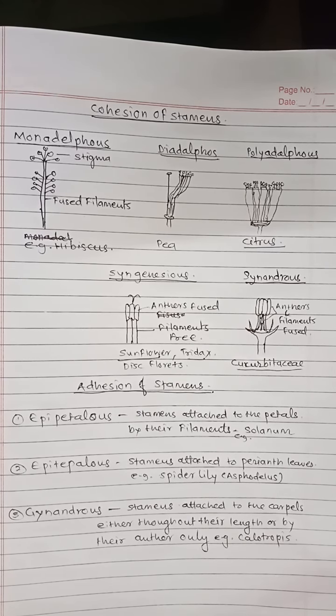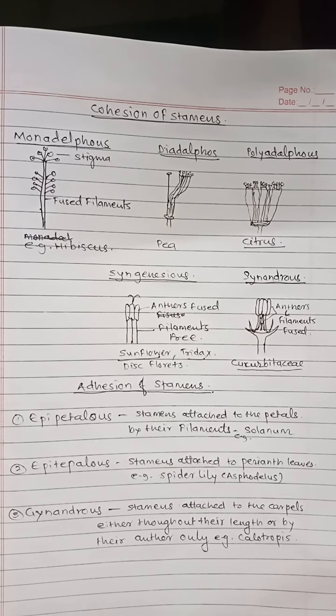Means in syngenesious condition, only the anthers fuse with one another and their filaments remain free, and the anthers are fused around the style. Such syngenesious condition is found in members of the family Asteraceae, that is sunflower, tridax, etc.